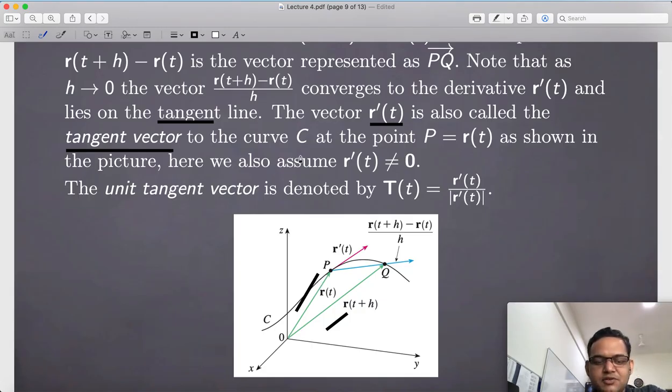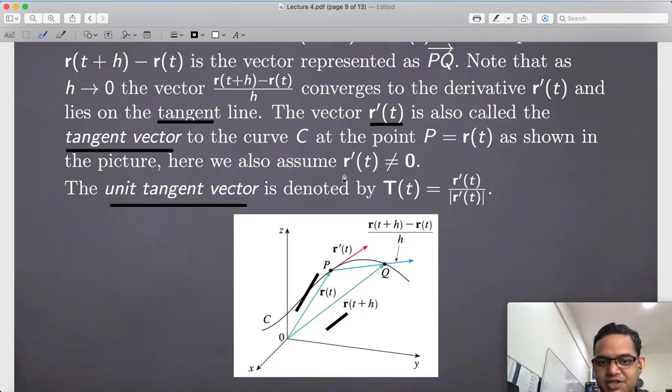Okay, so we have the tangent vector, but often when we talk about the direction, we just talk about the unit vector in that direction. So the unit tangent vector we will consider, and it is defined to be the vector, with capital T as the notation. By definition, you divide r prime t by the magnitude of the tangent vector.